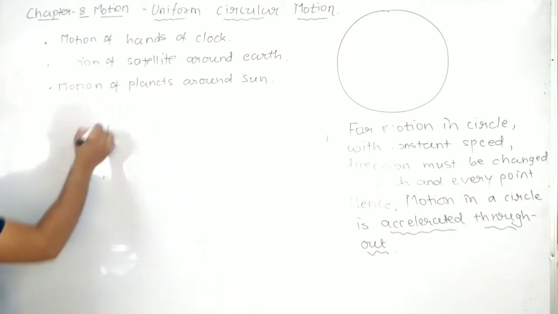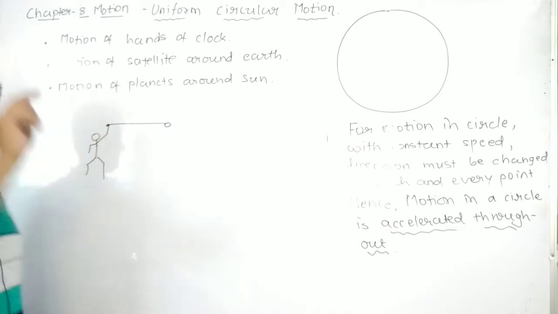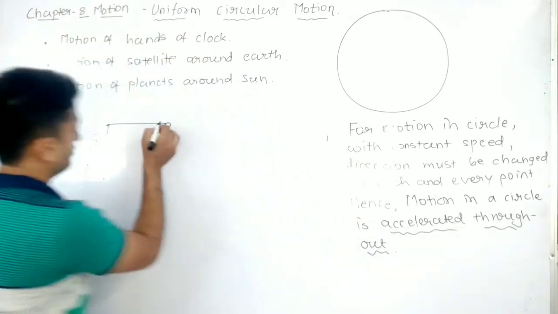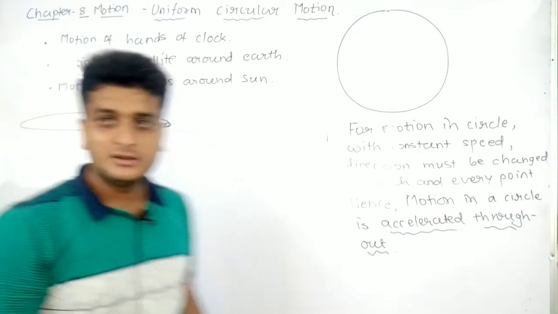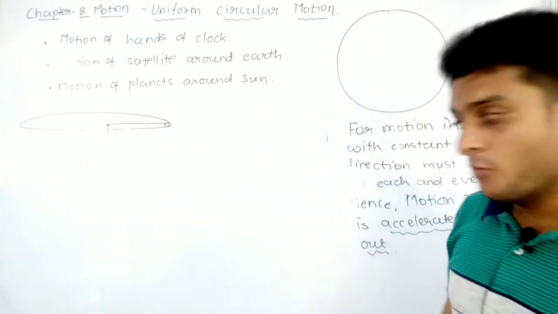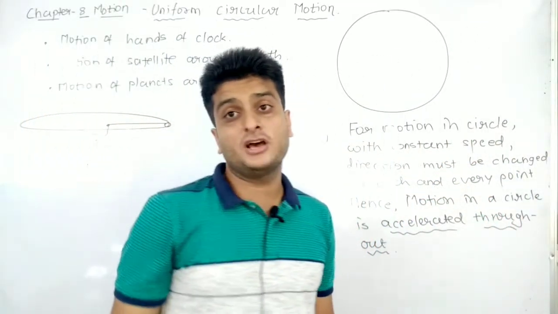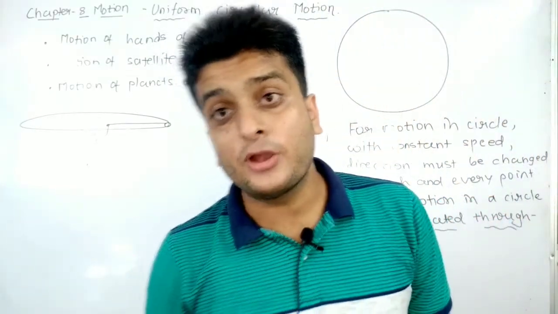Okay, and you are holding a thread with a stone, and you are revolving it like this. So this stone will obviously revolve in a circle, right? Yes or no? Now, what happens if you just leave the thread at any point?